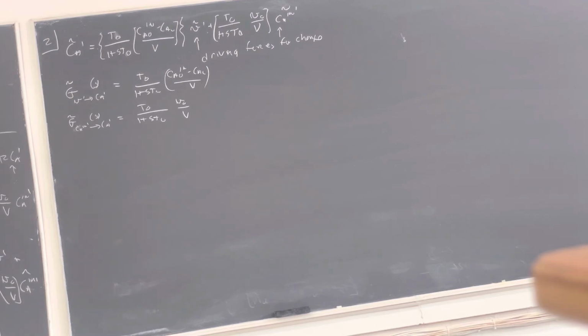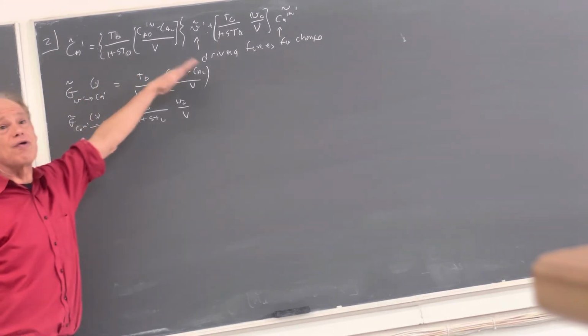The 1 plus s tau came from the derivative on the left and the output on the right. And basically these things were characteristics of the system. Notice they don't have the forcing function. The forcing functions, V prime and CA in prime, stay on the right.